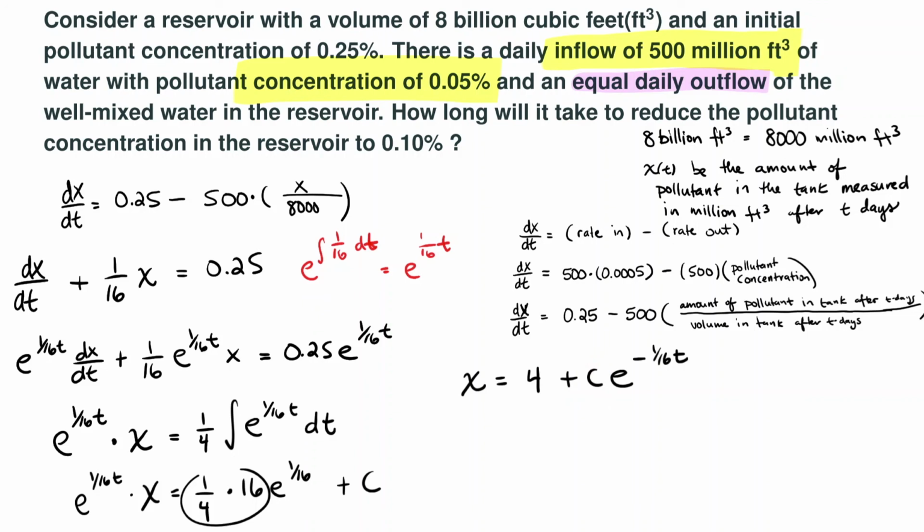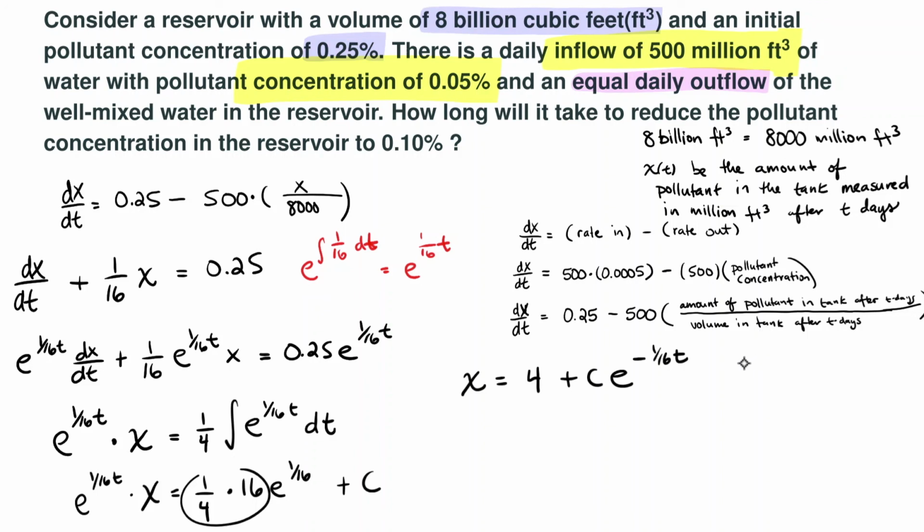We need to know at some time, some days, the concentration, and we can find the exact amount of pollutants inside the reservoir. Reading through the problem, the only information of that type is when they tell us at the beginning we had 8 billion cubic feet of water plus pollutants in the reservoir, and the concentration at the beginning was 0.25%.